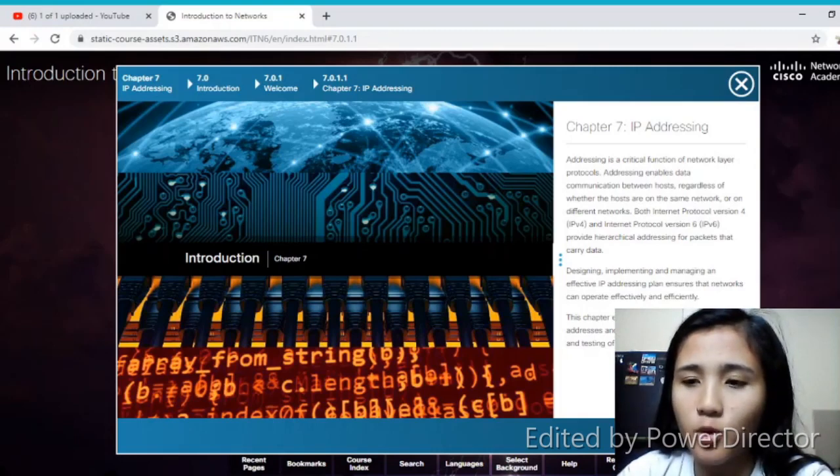Both Internet Protocol version 4 or IPv4 and Internet Protocol version 6 or IPv6 provide hierarchical addressing for packets that carry data.